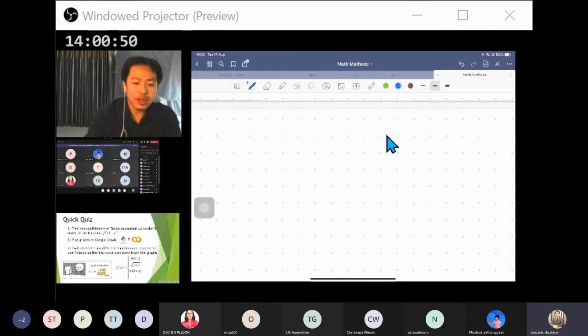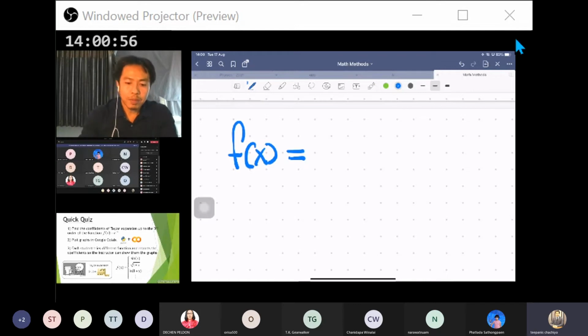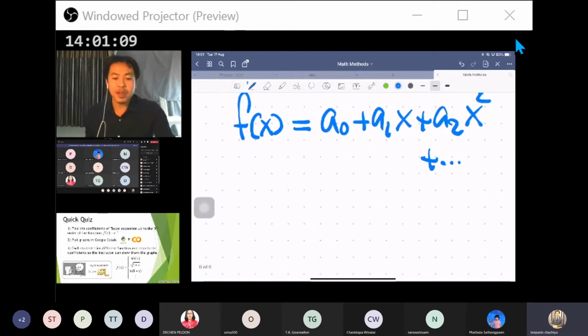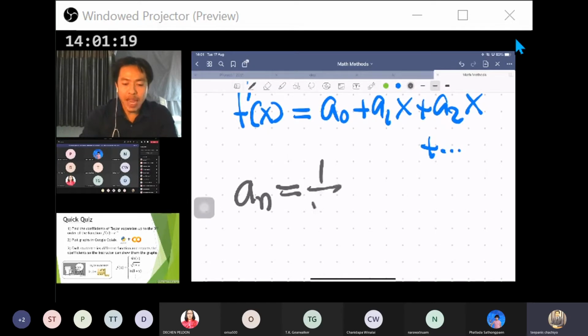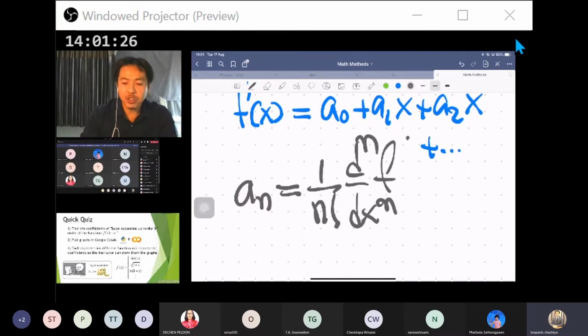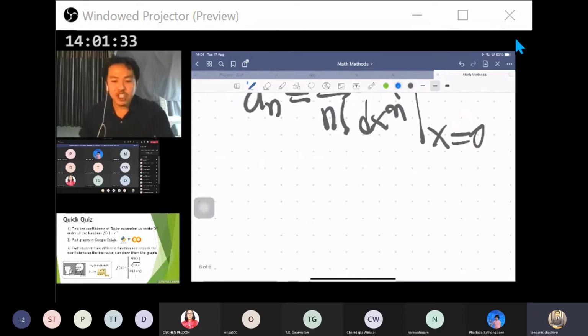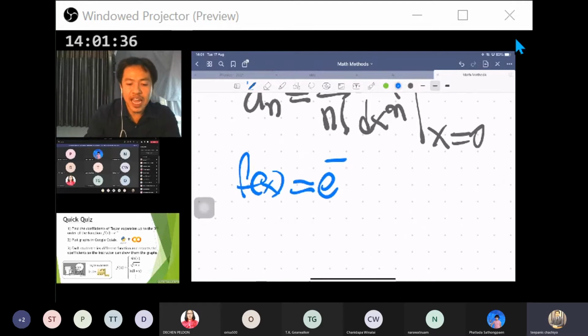So I want to expand this function f of x, and that makes it equal to a huge expansion a0, a1x, a2x squared, and plus ... Okay, to the third order of the expansion. And you remember from the previous slide, I have this formula that an is equal to 1 over n factorial and derivative to the n order of the f, and then you substitute x equal to 0 into the derivative. Okay, and in this case, the function that we are having is the exponential decay function.